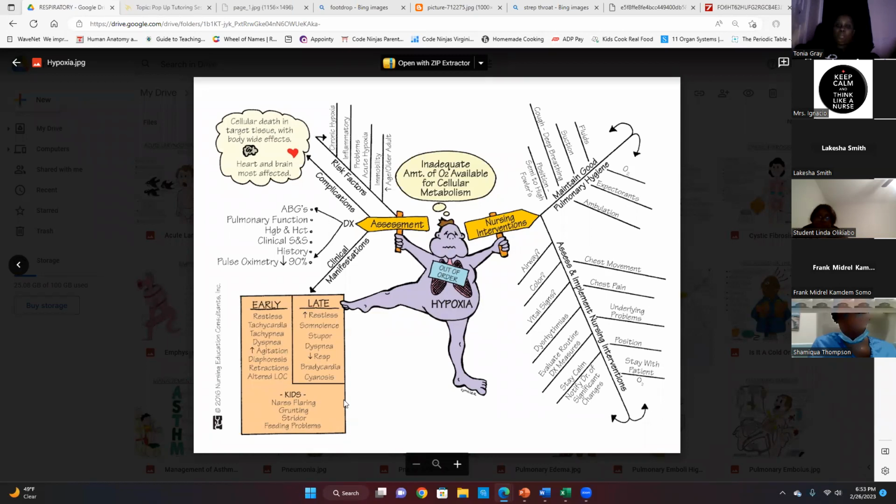Some of the considerations when they have a bronchoscopy is you're going to assess for bleeding, right?